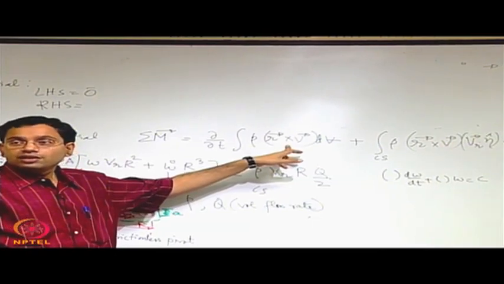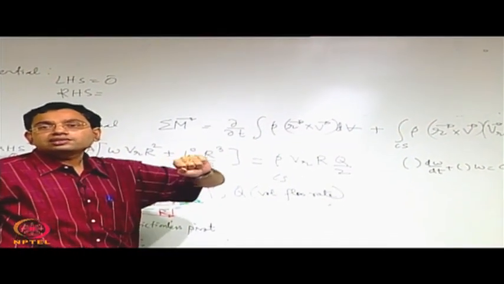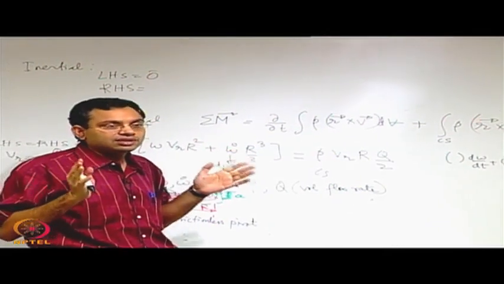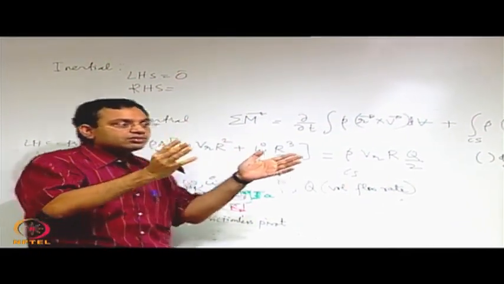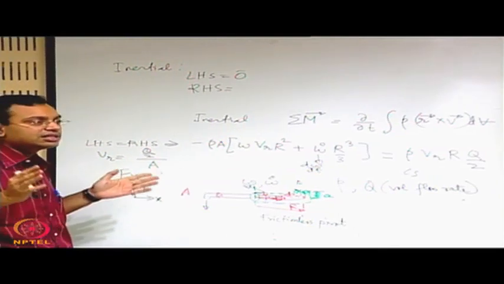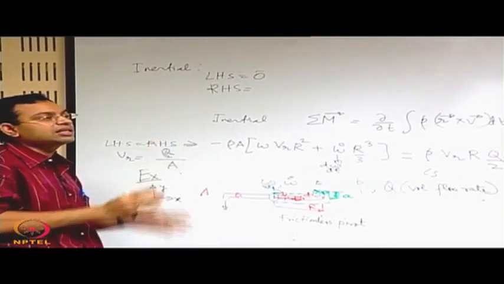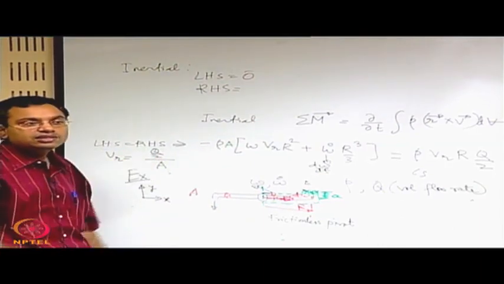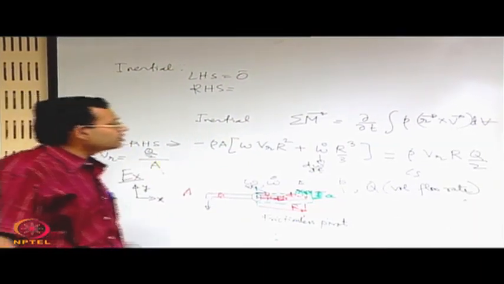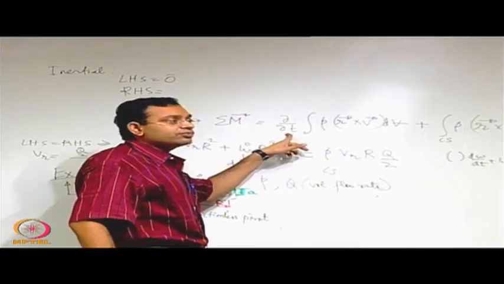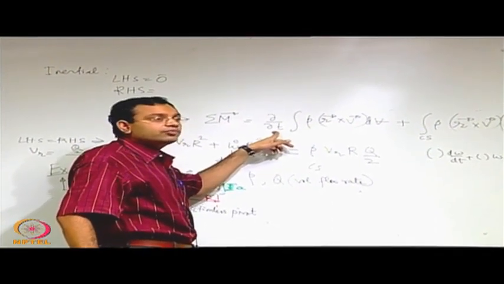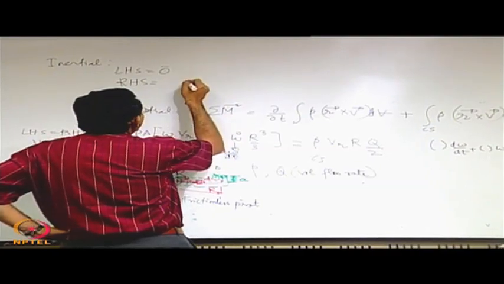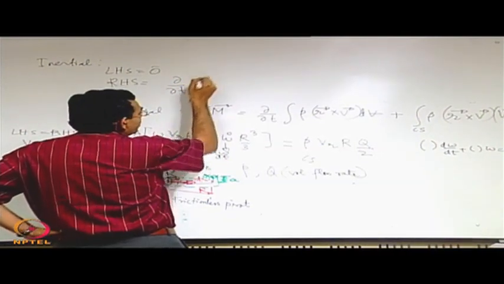If it was moving at a constant velocity relative to the reference frame, then sitting on the reference frame you look at it as a constant, but standing from outside, which is inertial, you see that velocity is changing with time, because the frame velocity itself is changing with time. So this time derivative term with respect to an inertial frame will not go to 0. Therefore you have to write this time derivative term properly.